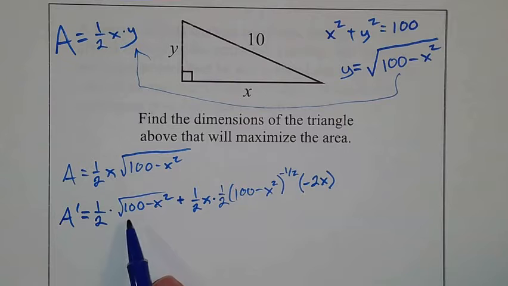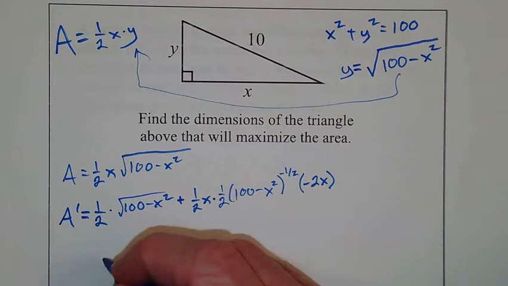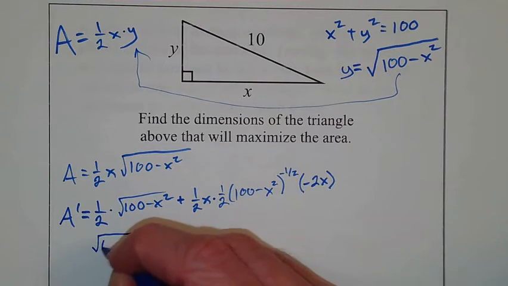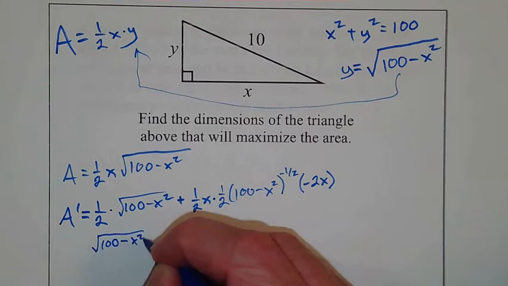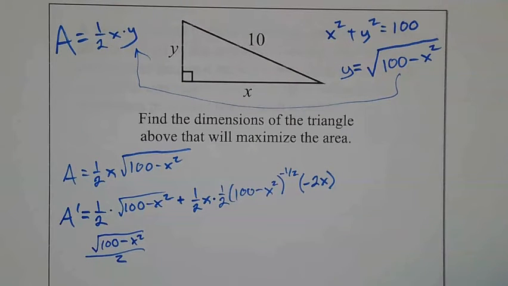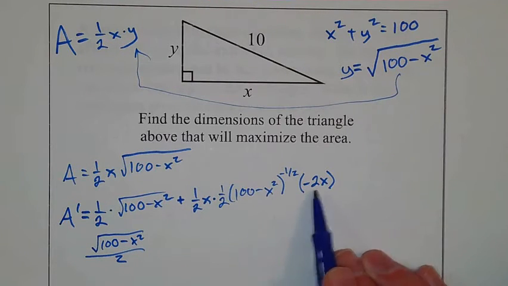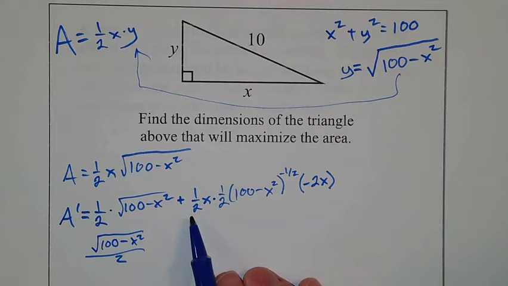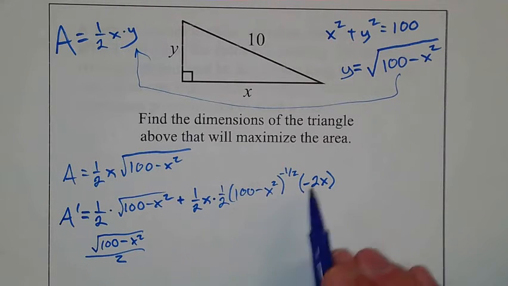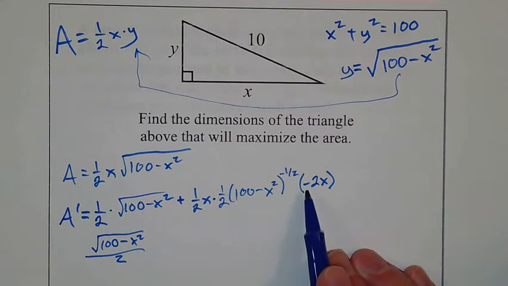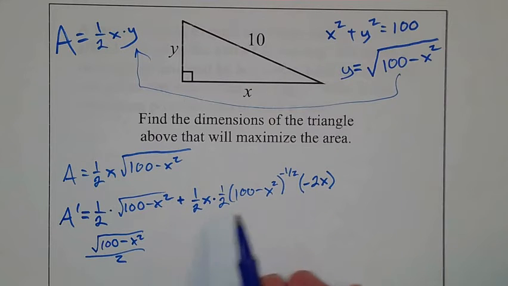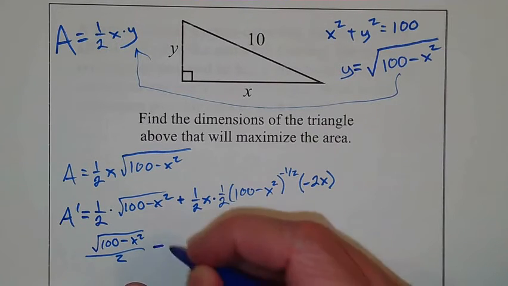Not much I can do with this first part. I guess I can write it as a fraction, the square root of 100 minus x squared over 2. And then the second part, well, I see a 2 and a 1/2 and another 1/2. So at least one of those 1/2s is canceled out by the 2. I've got a negative. Everything else is positive here, so I can make that minus.